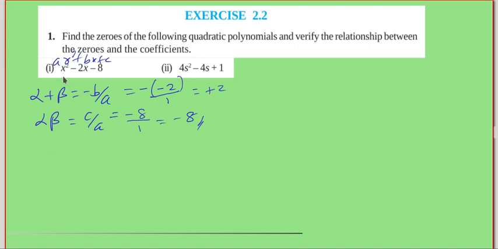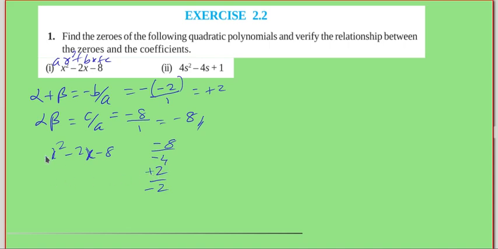Now let me find the zeros first using the factorization of this given polynomial. So x square minus 2x minus 8. Okay. To factorize, the constant term, a into c, we can multiply and write here, and b we have to take here. So 4 twos are 8, and we have to get minus 2. So now it will be correct.